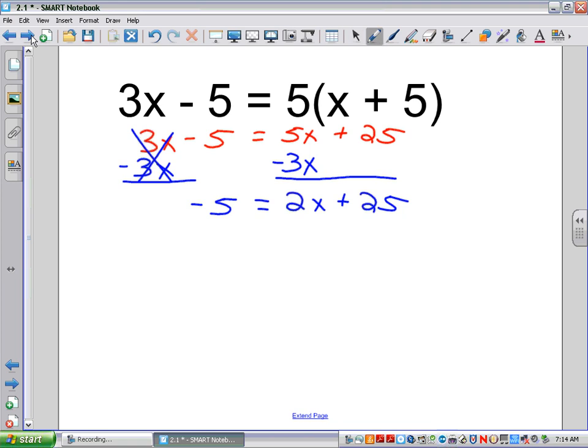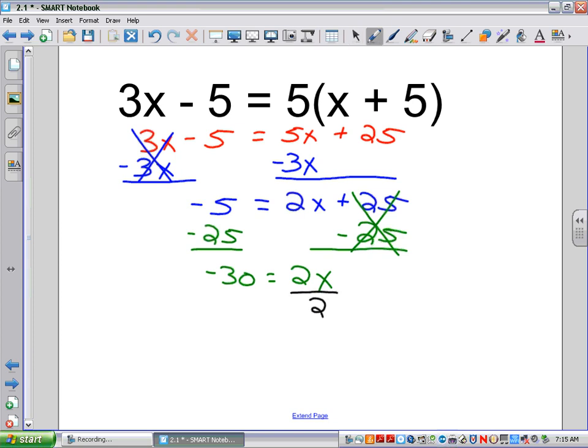Then I got to move the 25, so I got to subtract the 25 from each side. So right here's my opposites, mark those out. That would give me, what, negative 30 equals 2x. Then I would divide by 2, which gives me an answer of negative 15 equals x.